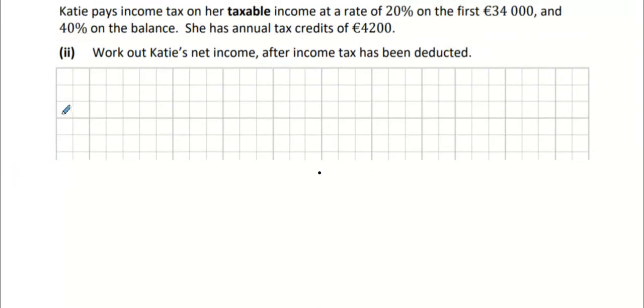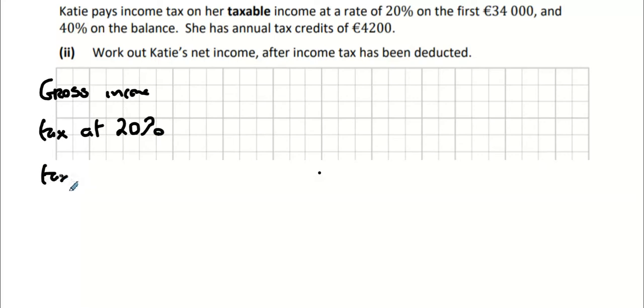Well, the way I would have taught you guys in school would have been you have your gross income, then you have your tax at, well in this case it's 20%, then you have your tax at 40%, then you add them together to get your gross tax.